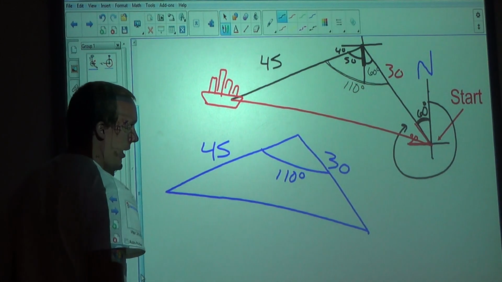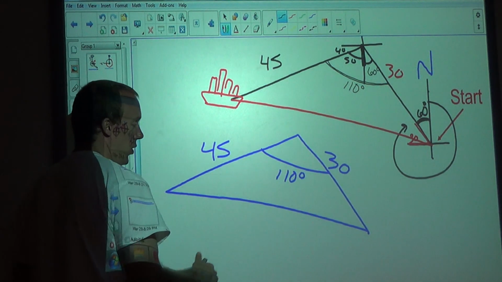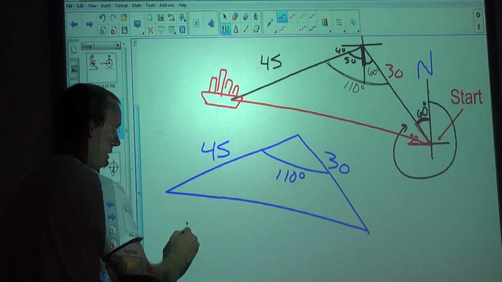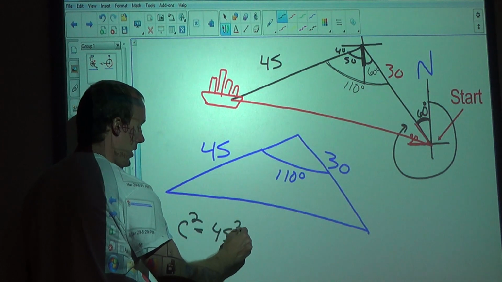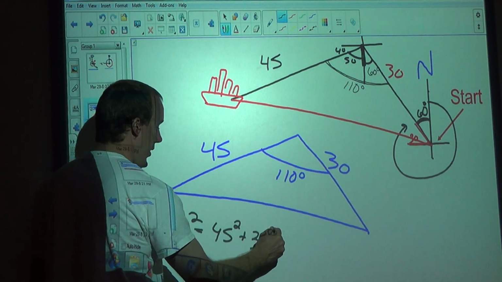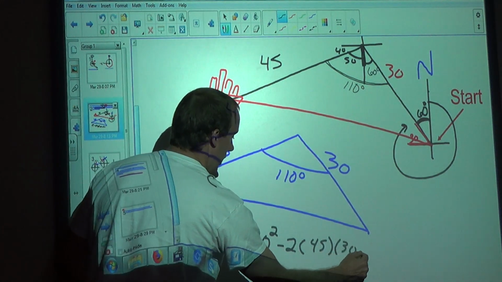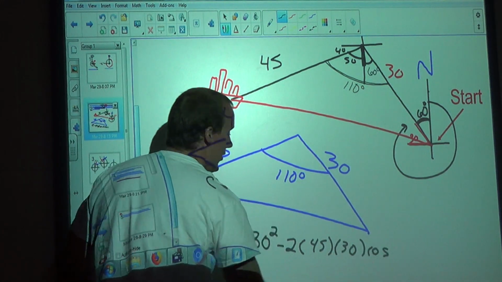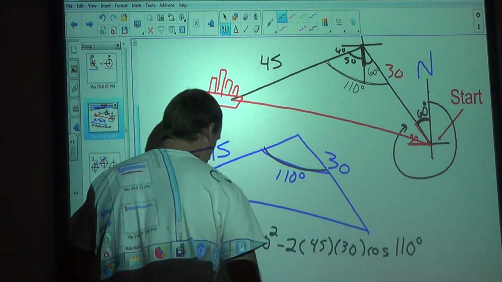Law of sines would not work because I don't know an angle and its opposite. What I do know though is I can do the law of cosines. So c squared equals a squared, which is 45 squared, plus my other leg squared, 30 squared, minus 2 times 45 times 30 times the cosine of my included angle, which is 110 degrees.